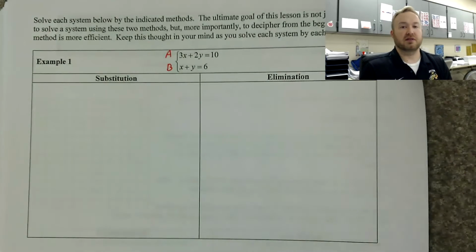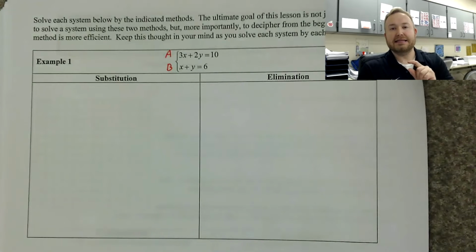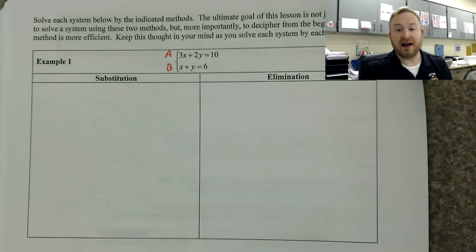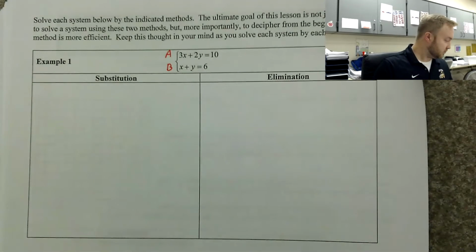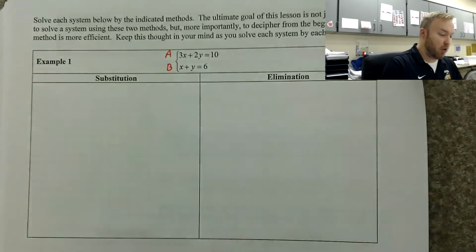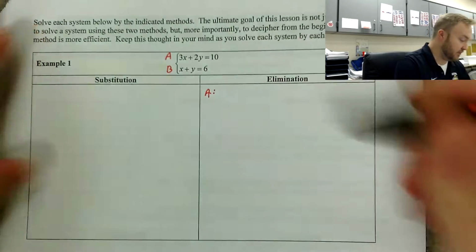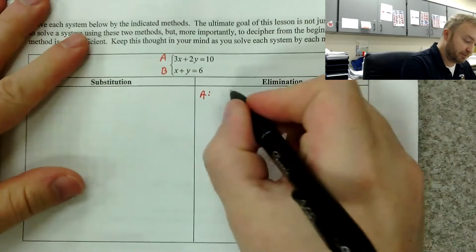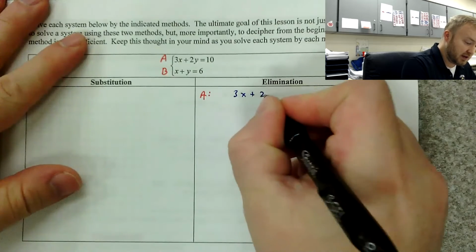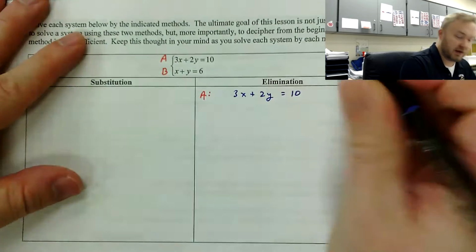So the other legal move that you can perform is to multiply an entire equation by the same constant, except 0. Don't multiply by 0. That's going to wipe out the whole equation. Any other number you want to multiply is great. So here's what I'm going to do. I'm going to leave equation A alone. I'm going to keep it the same: 3x plus 2y equals 10.